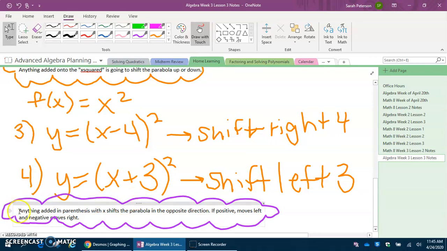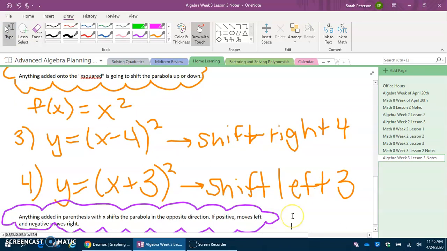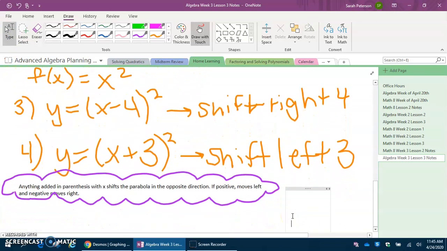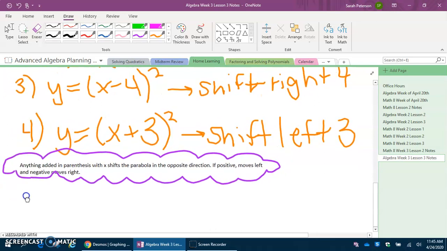All right, so let's put a couple of these together and see what happens. I'm going to draw with touch. We'll do black here.